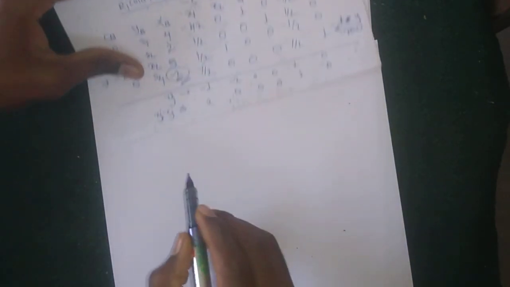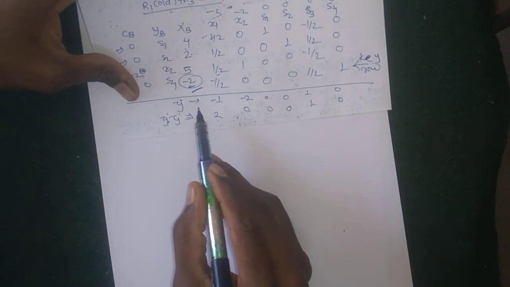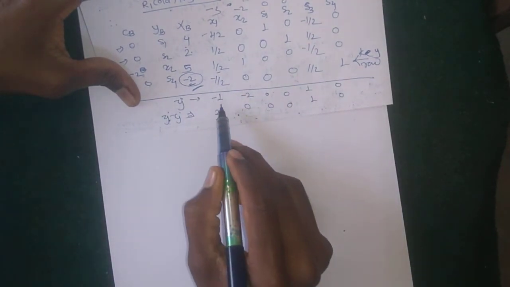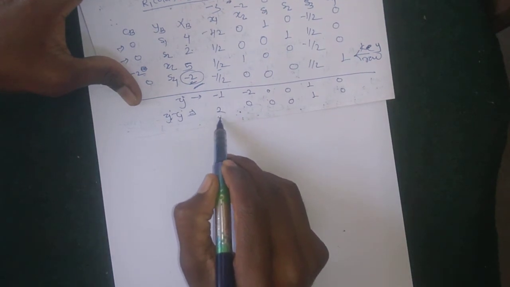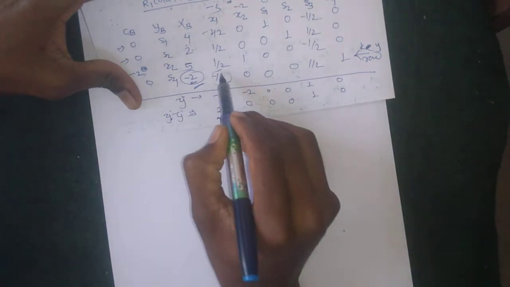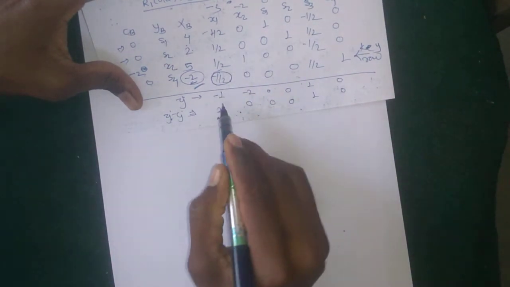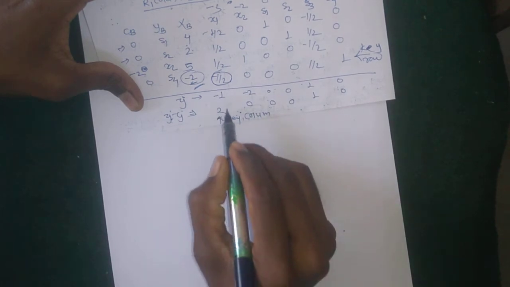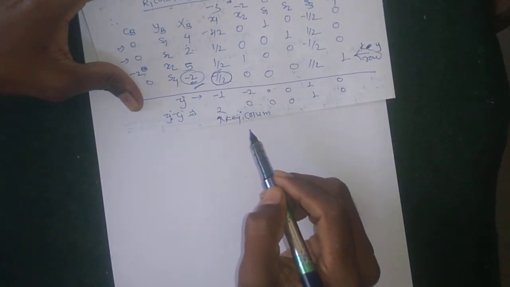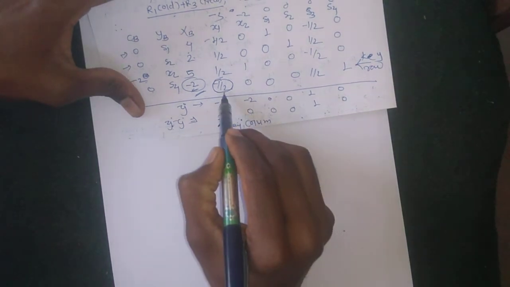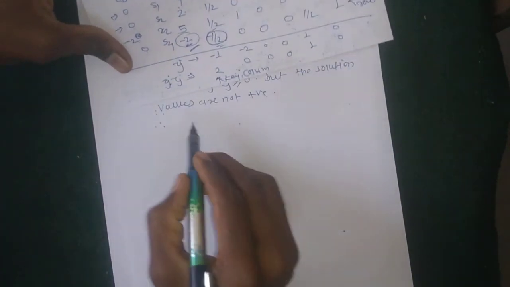And then find the key column. Key column, how to find? ZJ minus YRJ. So this is our key column, the first one, because only one YRJ is negative. So the first one is key column, and therefore minus 1 by 2 is our leading element.